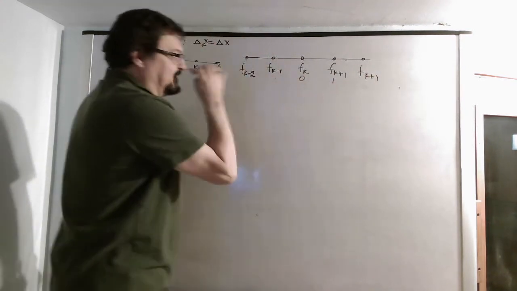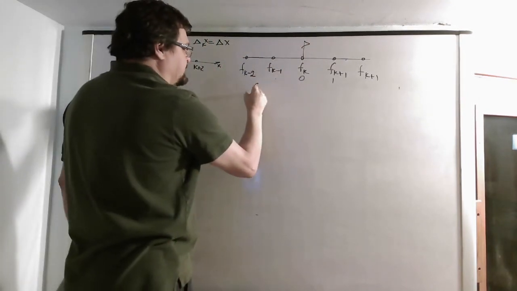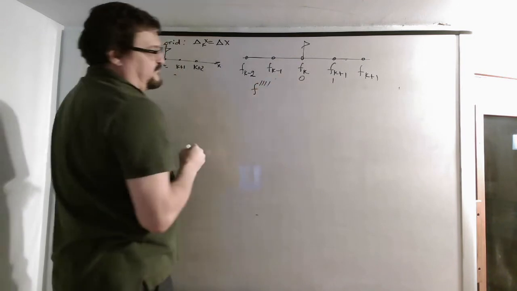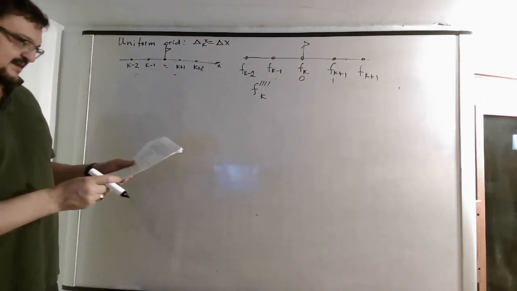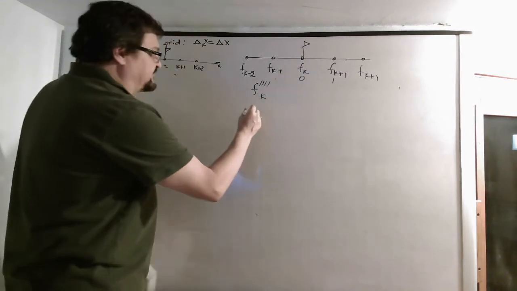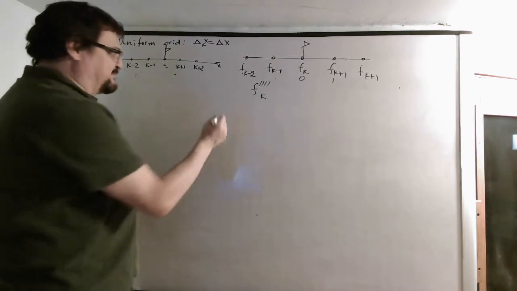Now we have this, and we're looking for the fourth order derivative at k. How do we express it? Again, it becomes basically an automatic process.